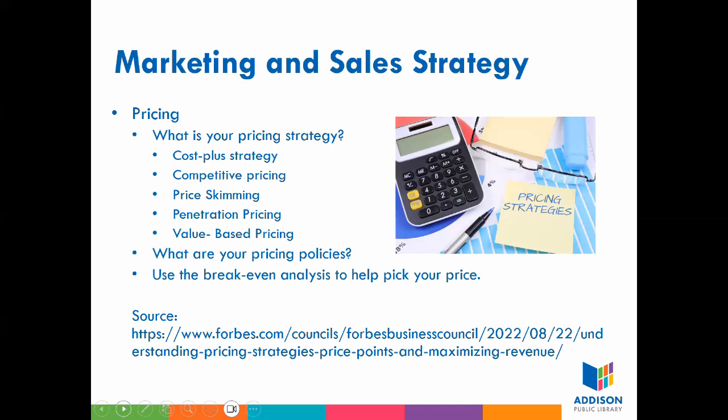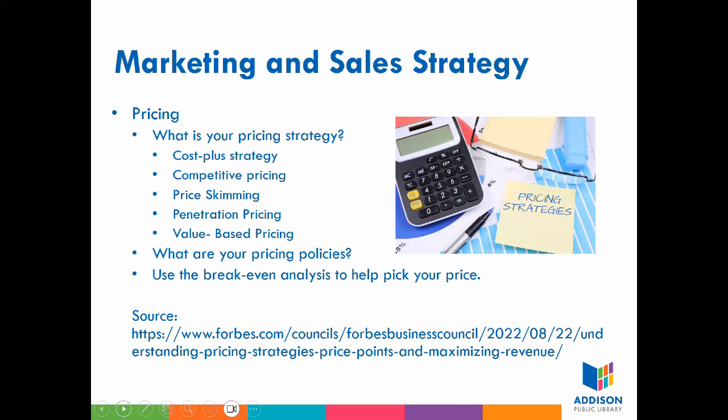Your rent tends to be fixed. It's the same price every month. Your variable costs are going to be your lighting. The more hours you have your lights on, the more it costs. So you want to think about both of those types of costs when you're thinking about that cost.